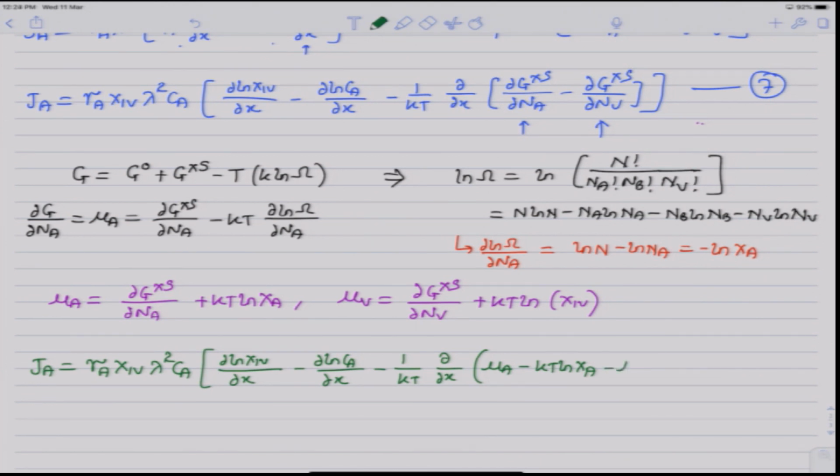So this would be minus mu V plus KT ln X1V.